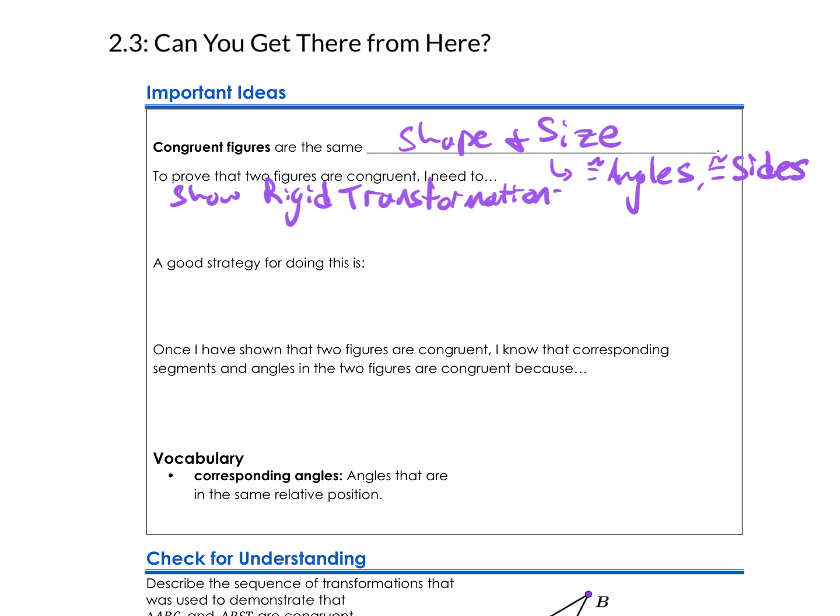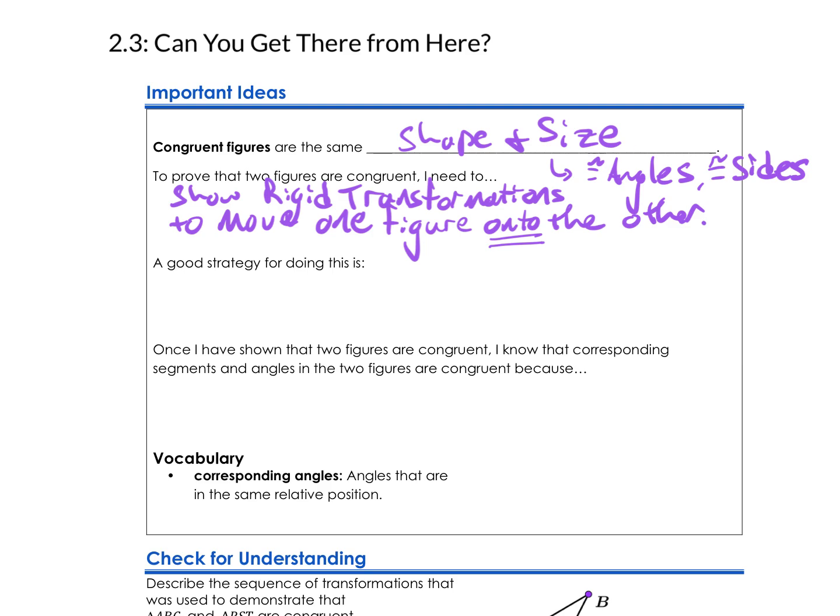So we need to show rigid transformations to move one figure onto the other. Rigid transformations don't change the shape, and we want to move one object so that it lands right on the other one. If we can do that, then we can say they're congruent.